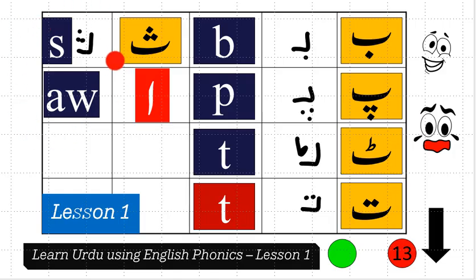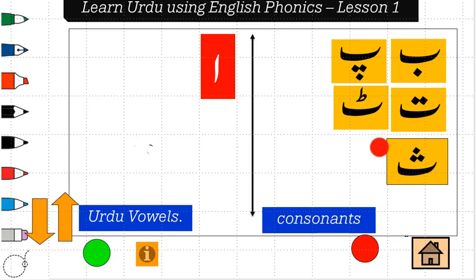Now these are my consonants and this is my vowel. So we'll be making CVC words. I'll advise you to practice the consonants, their full shapes, half shapes, and the vowel, which doesn't have a half shape, and their sounds. I've already given you the chart.